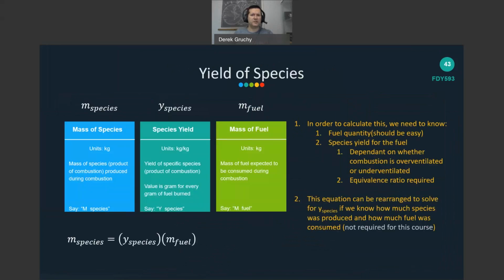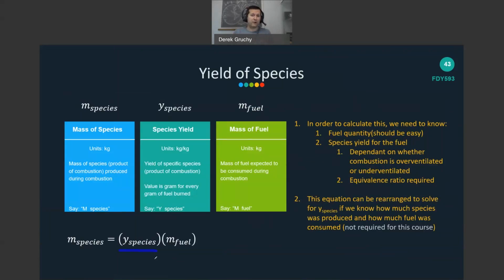All right, so for the species, we are going to use those tables, but we've already looked at them. So we look up the value for how much, in this case, carbon dioxide is going to be produced for that specific fuel under the conditions of overventilated. So we did that equivalence ratio to determine, is it overventilated or underventilated?